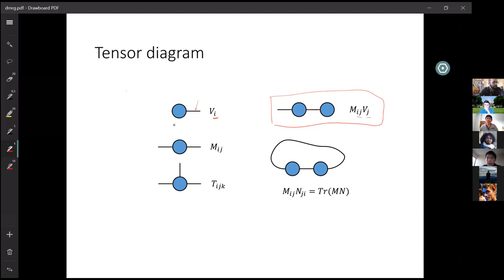So in this example, what you see is a tensor with two indices, a matrix, contracted with a tensor having one index, a vector. So it's a matrix-vector product. And in this example, this is two matrices with both indices contracted. So that's a trace of a matrix product. You can also easily see here why trace MN is equal to trace NM, because the tensor diagram looks exactly the same when we exchange the two.